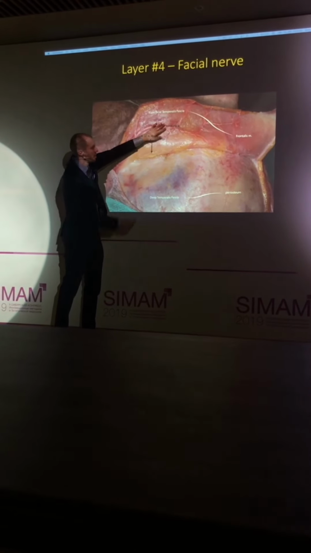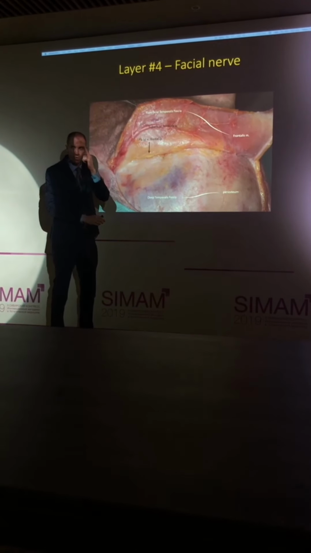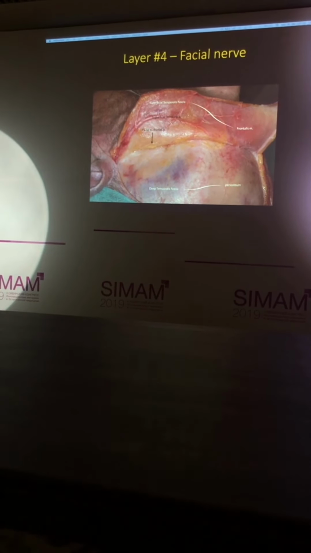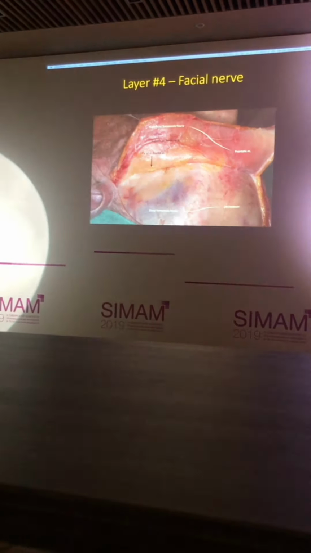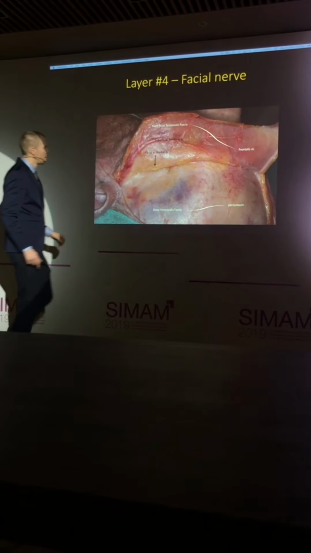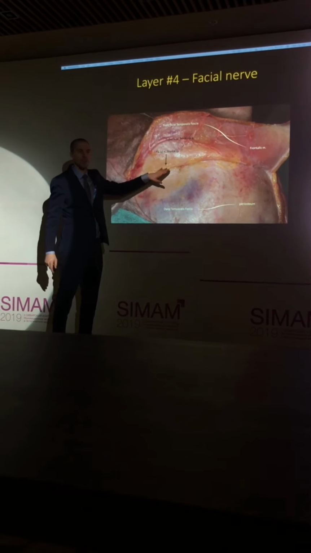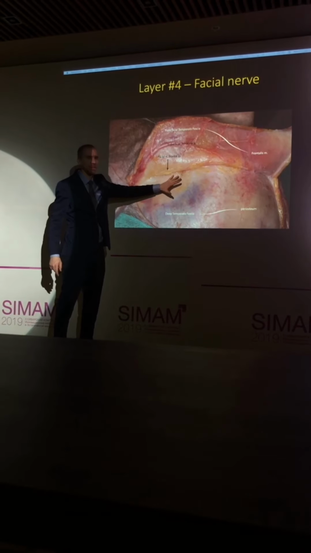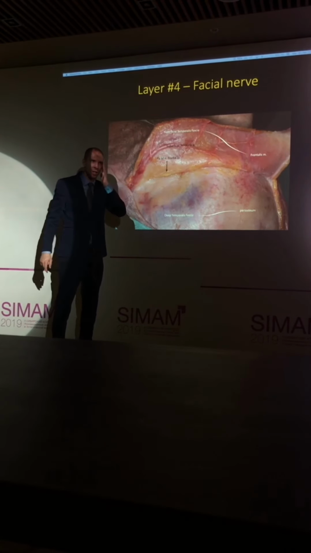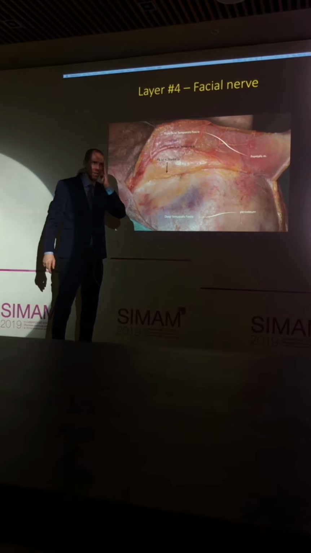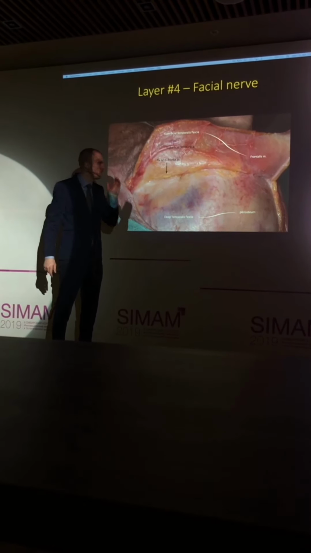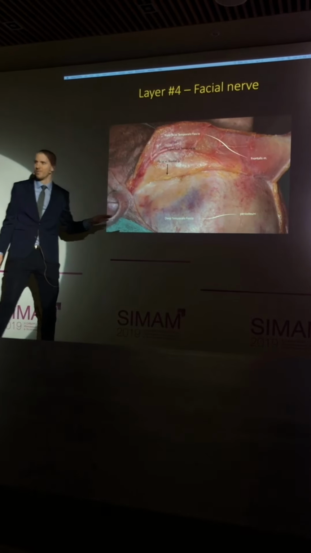And if you inject deeper, then that will be fixed. It does not move with your skin and layer number 1, 2, and 3. But I will explain this more in detail.